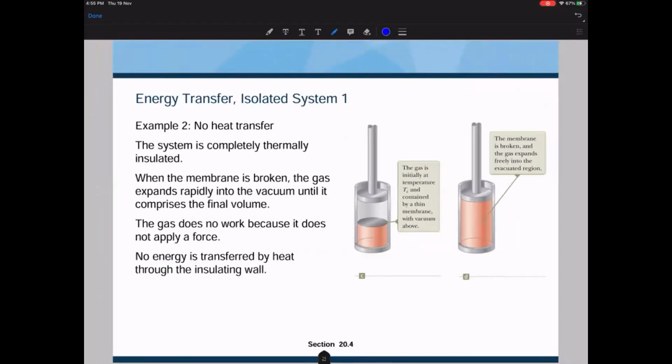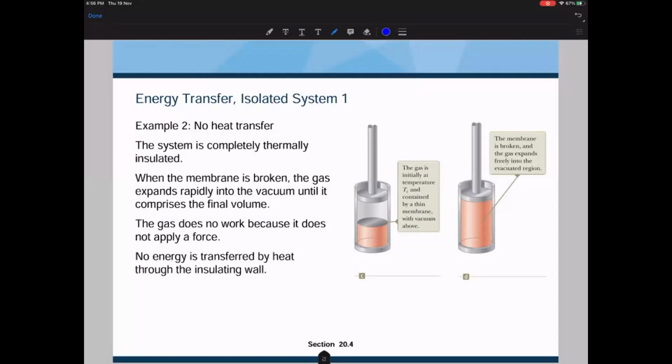Now, this is a system that would be quite confusing to understand, but it actually makes a lot of sense. The idea is that you have here an isolated system. It is isolated from the surrounding, so no heat energy could be transferred.